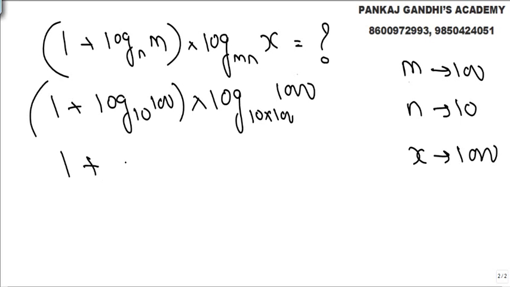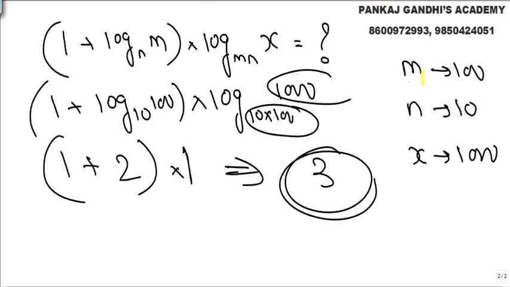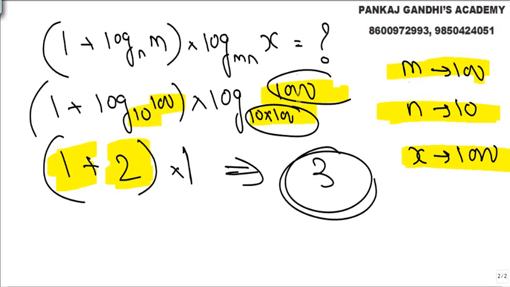So log to the base 10 of 10 squared is 2, multiplied by log 1000 to the base 1000. Now what all we get, 1 plus 2 multiplied by this log to the base 1000 of 1000, this is 1. The answer is 3. I repeat, this is the method. Any log question you come across, with no hint, use this: 10, 100, 1, 1000, answer 3.